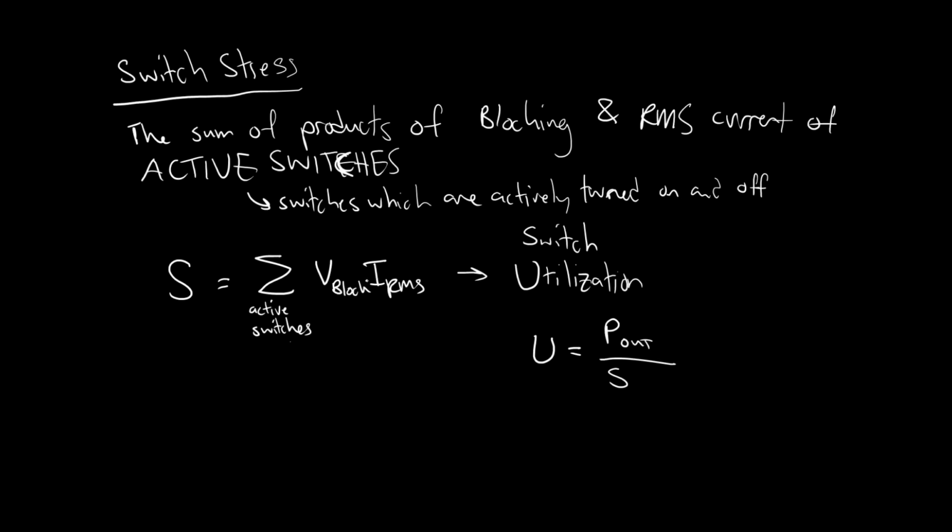So you find the stress, the blocking voltage and RMS current of the active switches in a topology, and you find the output power of the topology, and by looking at the division of these two, you end up getting U as some function of D, and this can tell you what conversion ratios the topology operates best at. Or not operates best at, but best utilizes the silicon devices in the circuit.